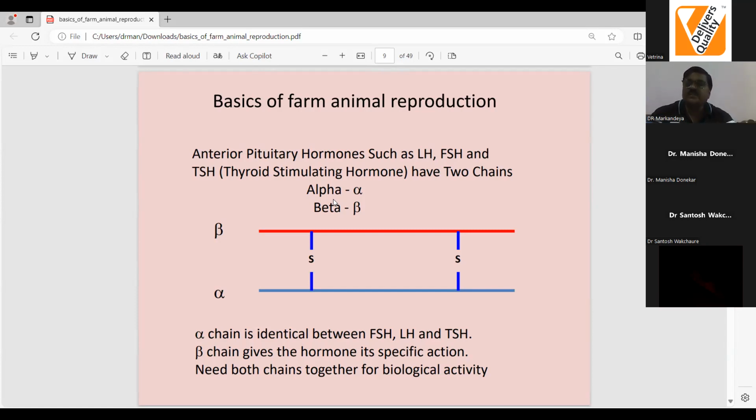All subunits are ready with the anterior pituitary. Only the combination will decide. Now this is FSH, that has to be released. Now there is LH, it has to be released. So the only thing is that it is a combination and biological activation of that particular product which comes into the bloodstream.